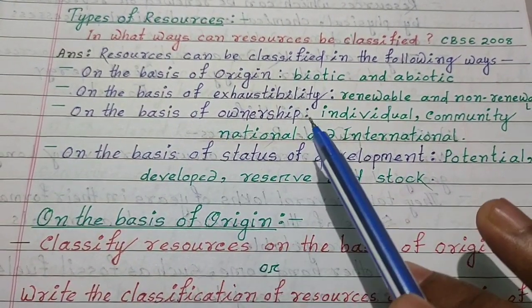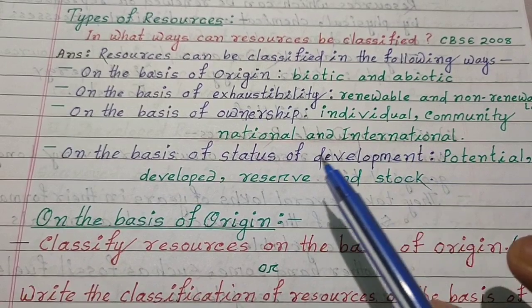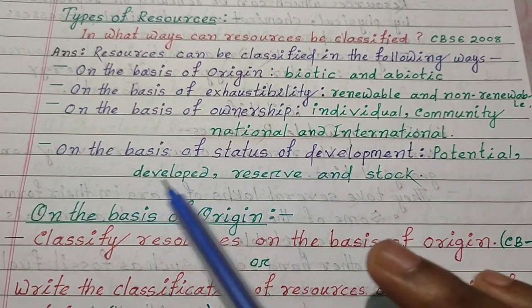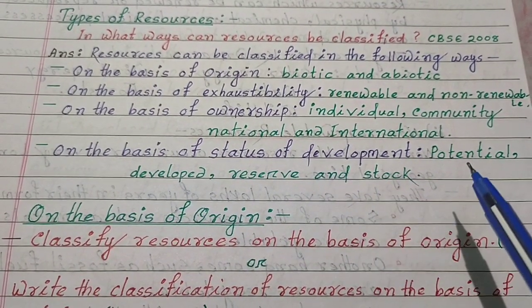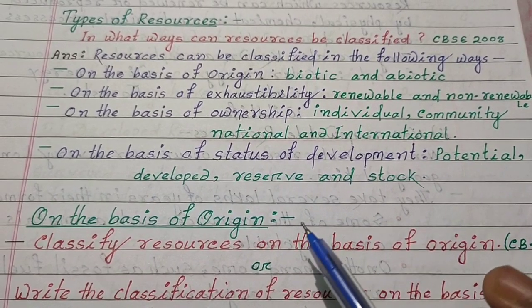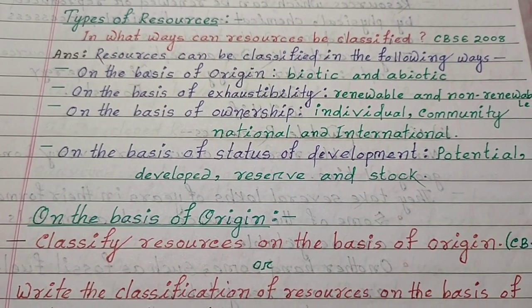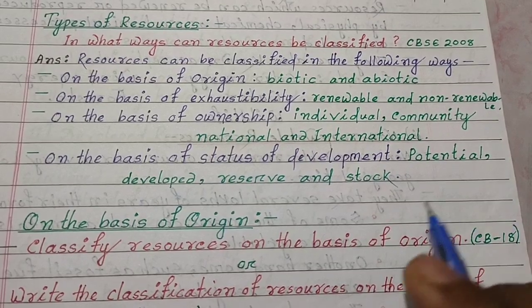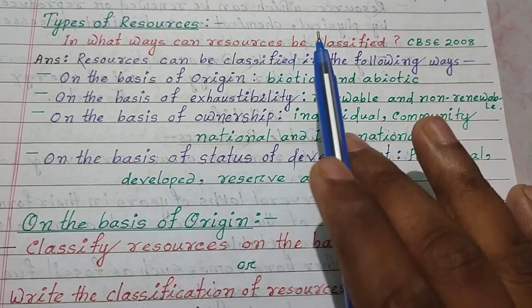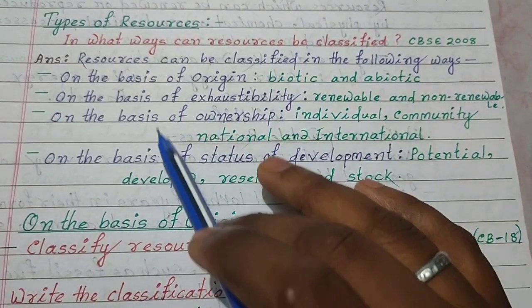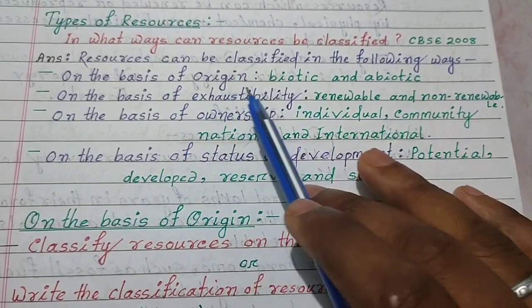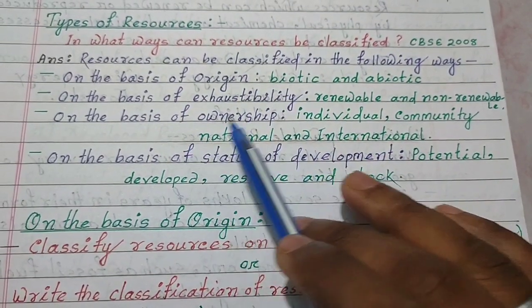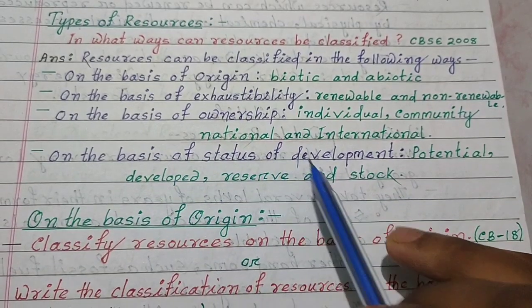Next, on the basis of ownership: individual, community, national and international. On the basis of status of development: potential, developed, reserve and stock. Remember, resources can be classified in these four ways: origin, exhaustibility, ownership, and status of development.